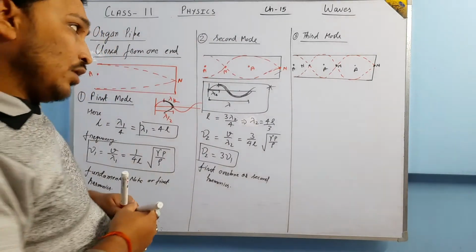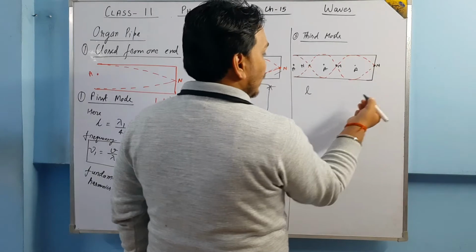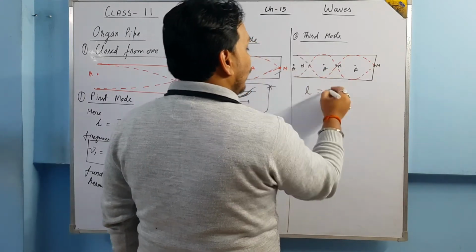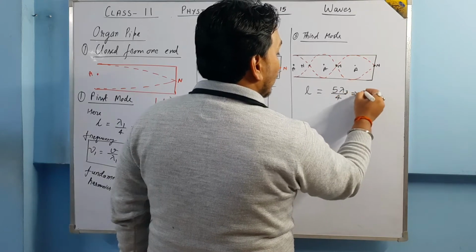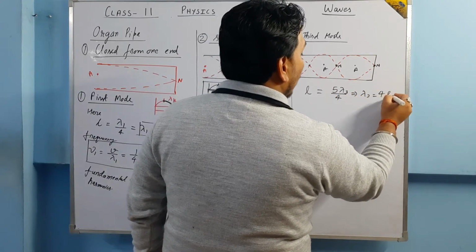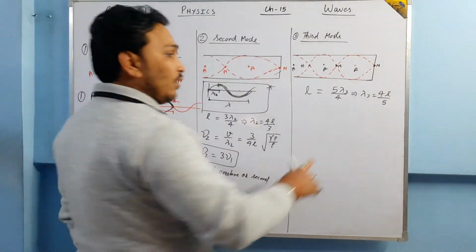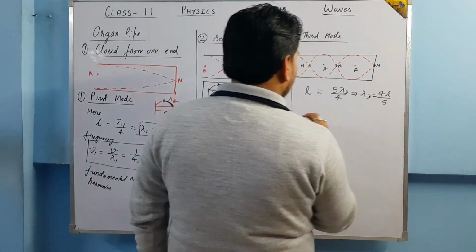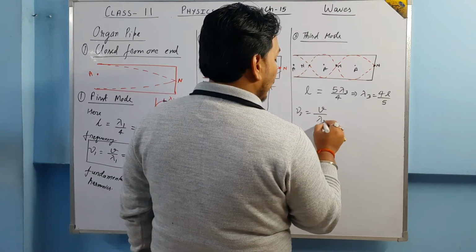Okay. So from here, if we see the value of L, this is a complete wave, that is lambda, plus lambda by 4. It is going to be 5 lambda by 4. From here, lambda 3 is going to be what? 4L upon 5. Lambda 3 is equal to 4L upon 5. Now this time, if we calculate the frequency, it is going to be V upon lambda 3.